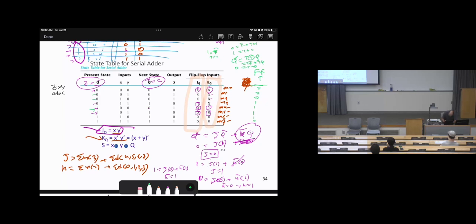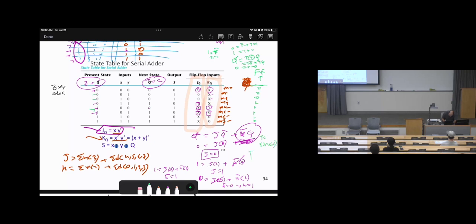Then following the minterms, T equals the minterms, which are 3, 4, 5, 6.